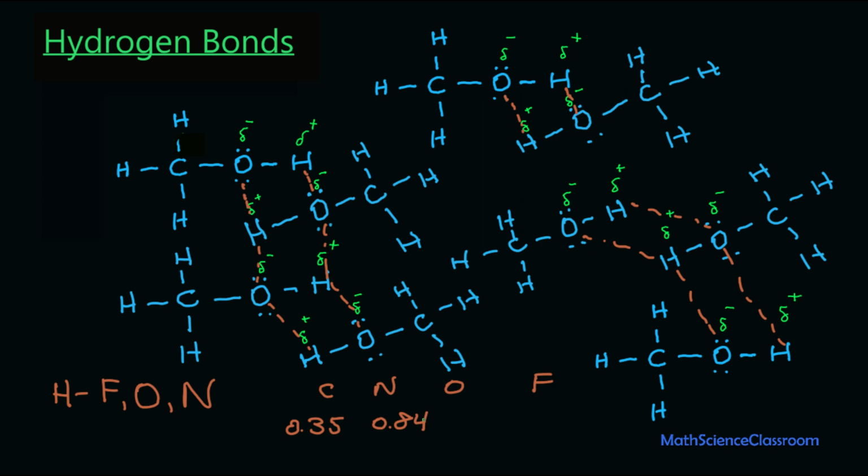With the oxygen, the electronegativity difference is 1.24, so it's a highly polar bond. And then the fluorine is 1.78. So notice as we go left to right in period 2 on the periodic table, the atom is getting smaller.